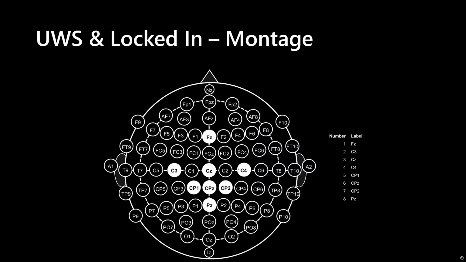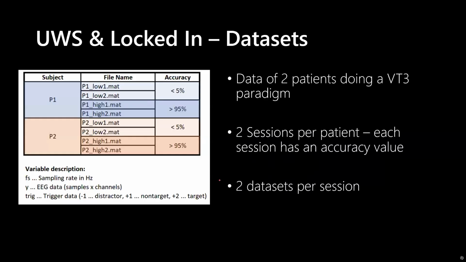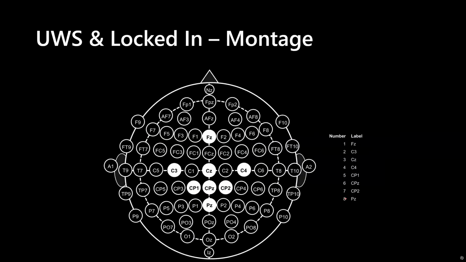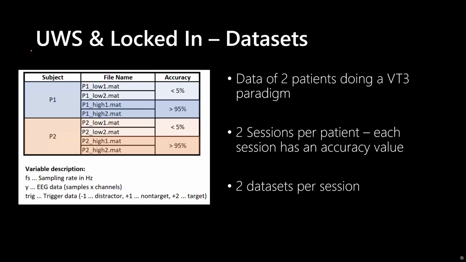We have a montage, and in this case, we see that it's mostly over the sensorimotor cortex with, again, the Fz and Cz electrodes, and 8 channels, as you can see. And the datasets: we have data of 2 patients doing VT3, so this means the vibrotactile 3 paradigm, with these 3 vibrators attached to the respective limbs.